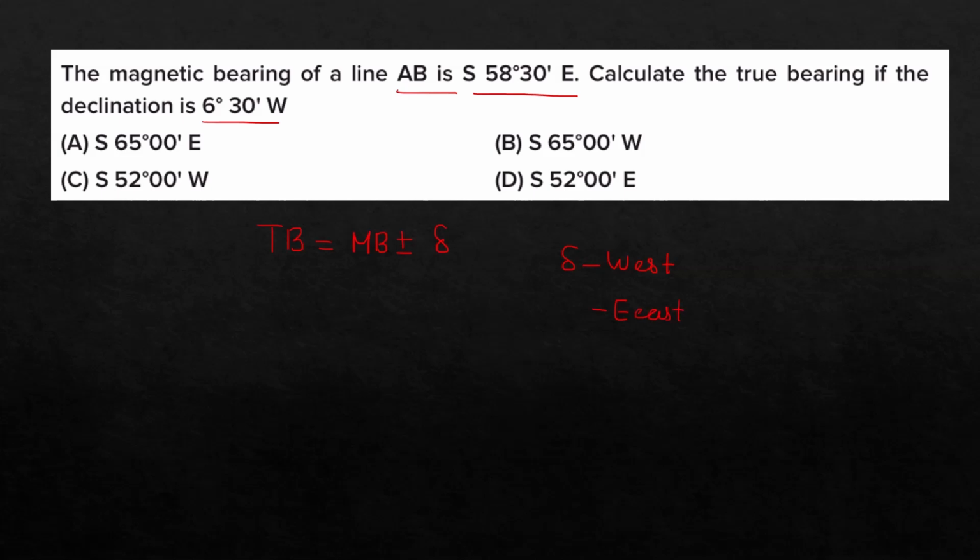Here the declination is 6 degree 30 minutes west, so we add that to the magnetic bearing. 58 degree 30 minutes plus 6 degree 30 minutes is 65 degree, and the answer is south 65 degree 0 minutes east.